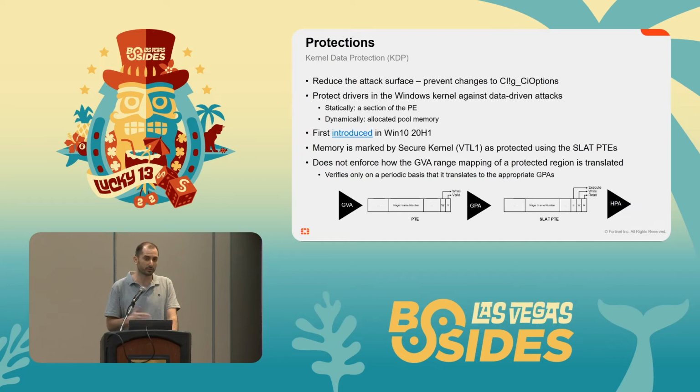So drivers or any software in the kernel can now request from that secure kernel to remove the write permissions from certain locations in memory that it wants to keep as read-only. And the hypervisor will enforce those protections. But what's important to note here is that it does it only for the permissions, not for the mapping between the virtual address space and the physical address space at the end.